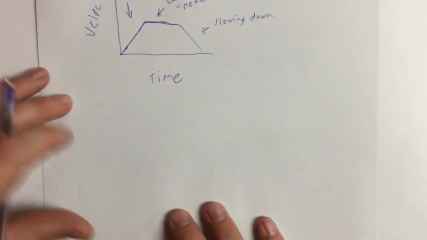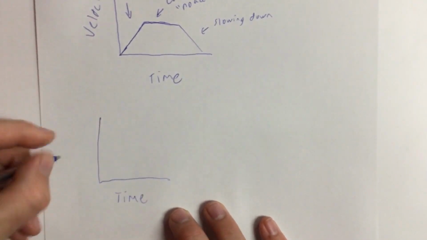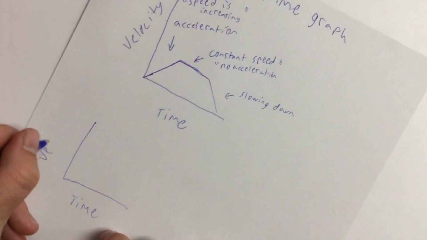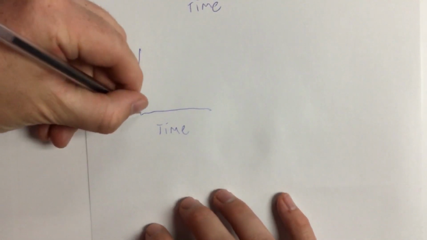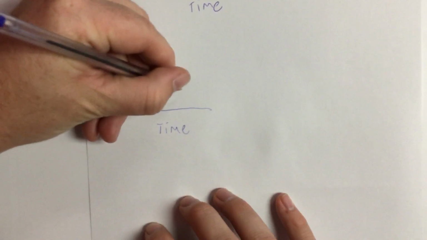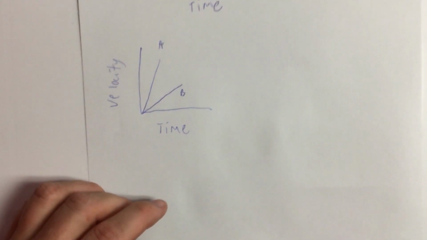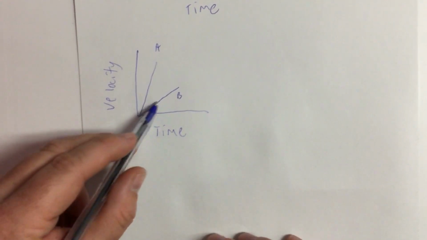So let's do another graph here. So time and velocity again. So now let's get two lines. We got this guy going here, this guy going here. So A, B. So what does this show? They're both accelerating, right? Their speed is increasing.